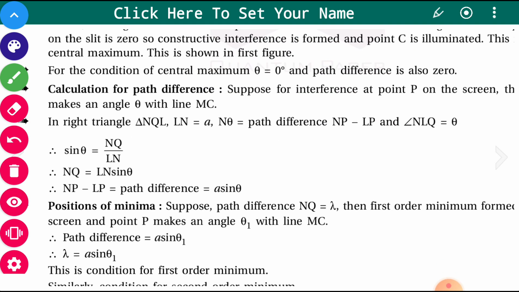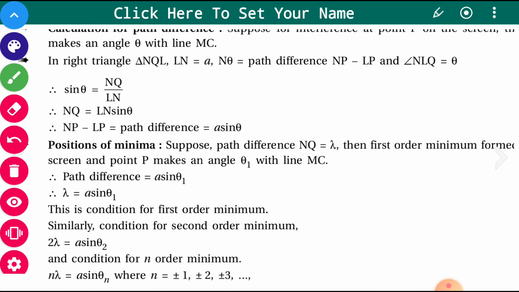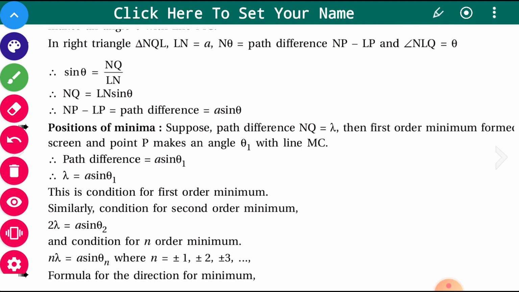So the path difference, which is NQ, is nothing but a sin theta.